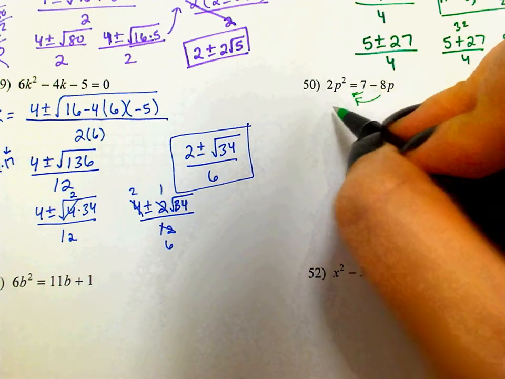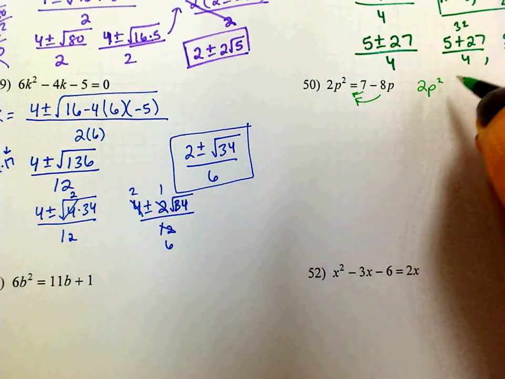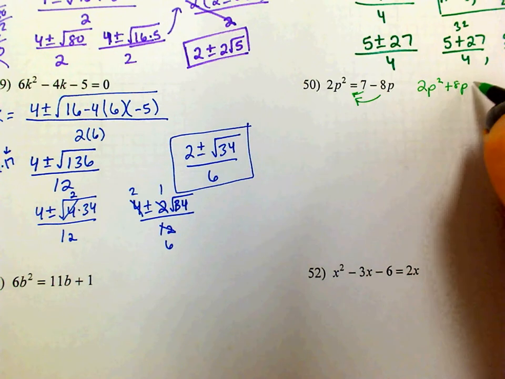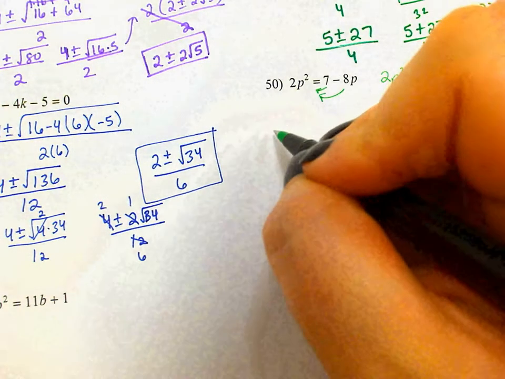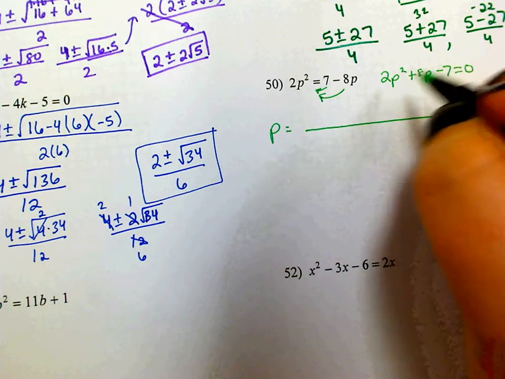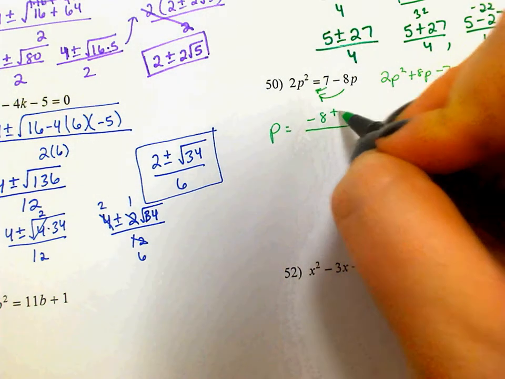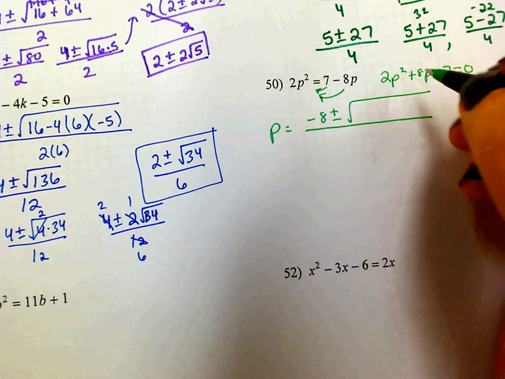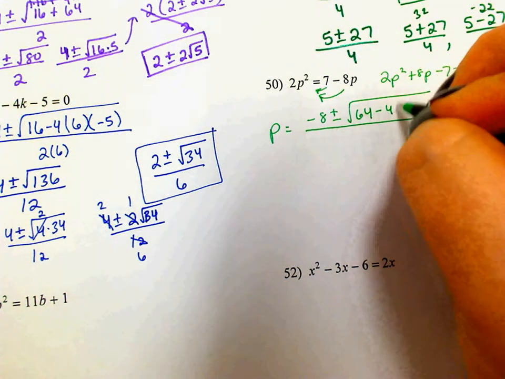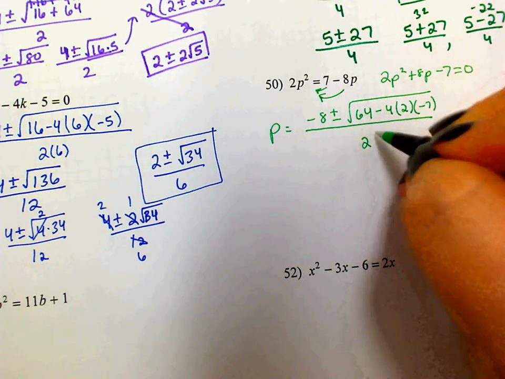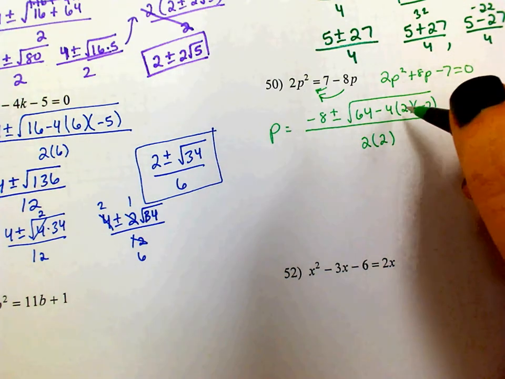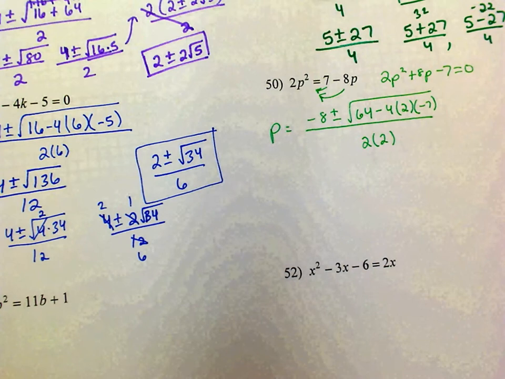Okay? So p equals opposite b, negative 8 plus and minus the square root of b squared. 8 squared is 64 minus 4 times a times c all over 2 times a. 4 times 2 is 8, and 8 times 7 is 56. That is a negative times a negative, so in actuality it's plus 56.